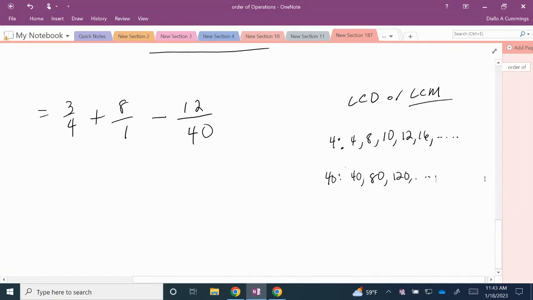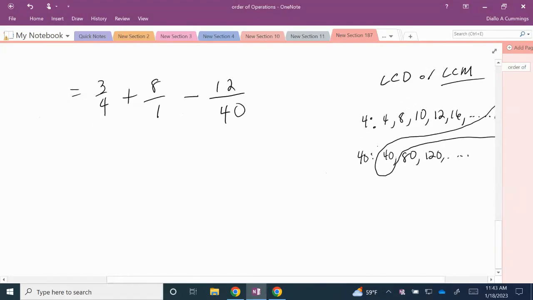And that's going to keep on going. So notice for my multiples of 4, the first number I'm going to hit that is also a multiple of 40 is 40. So my least common denominator or least common multiple should be 40. So I'm going to make equivalent fractions, writing each one of these fractions as having a denominator of 40.